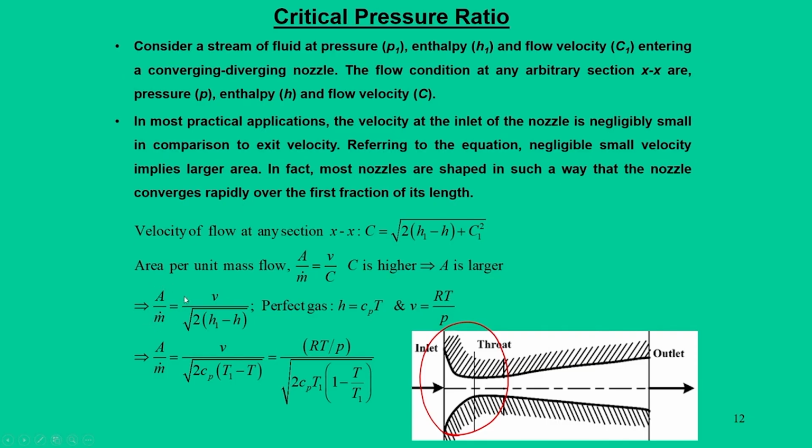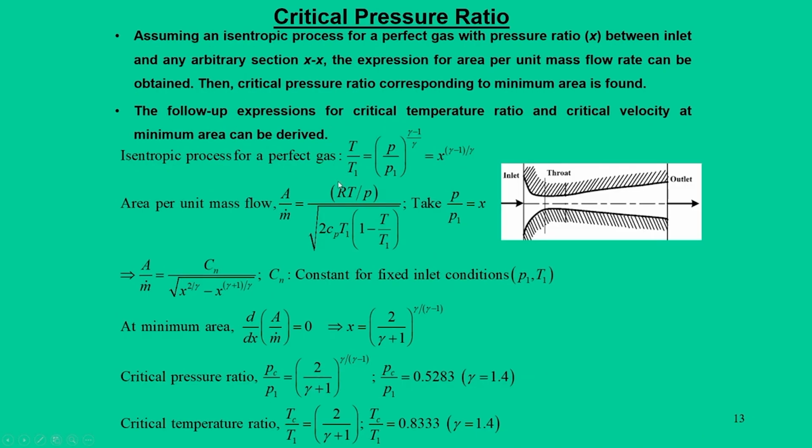Then the area per unit mass flow rate can be expressed by replacing H in terms of Cp and T, and then we can do some mathematical simplifications. Then we can recall our isentropic process for a perfect gas, the pressure and temperature relationships.